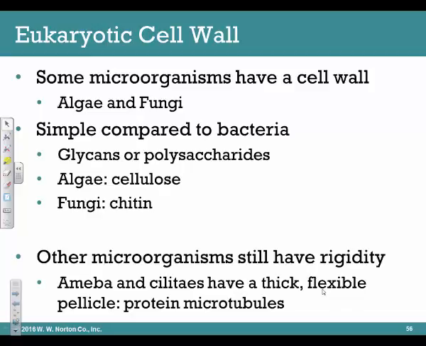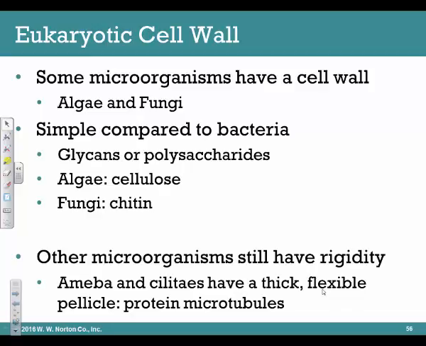And so it has to be flexible so that the cytoskeletal changes can be accommodated. So the pellicle is a thick layer, it's a protective layer, but it's not defining the shape of the microorganism.